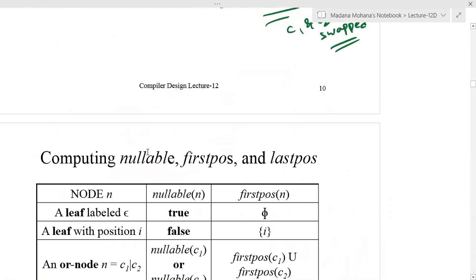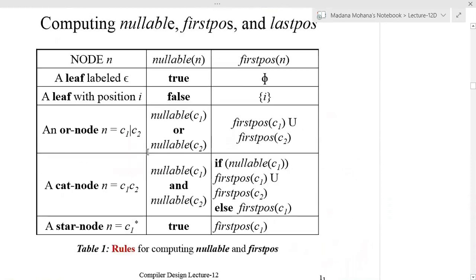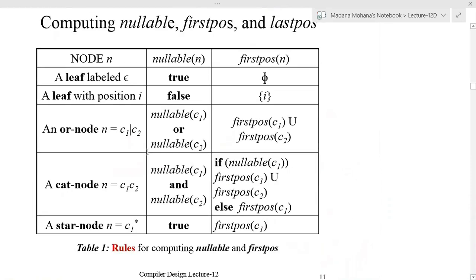Now let us see the rules for computing nullable and first position. Here last position rules are not given because they are all the same as first position, except in the case of the cat node, where the two children are interchanged. Here we have a node n, then nullable of that node and first position of that node n. First we will consider the leaf node labeled with epsilon.